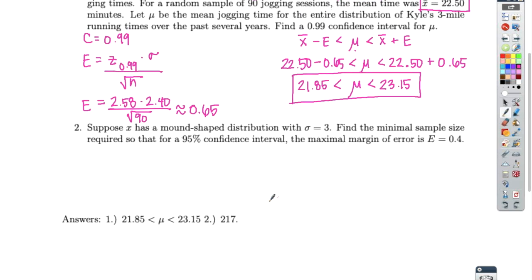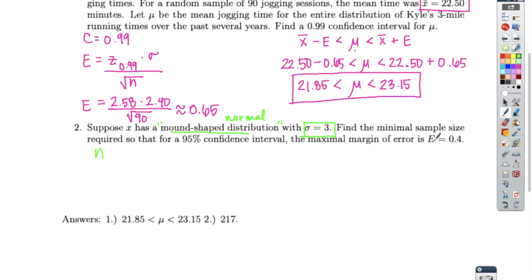Okay, one more. Suppose X has a mound-shaped distribution. When you read this phrase, this translates to you as normal, with sigma equals 3. Find the minimal sample size required, so find n, so that for a 95% confidence interval, the maximal margin of error is E equals 0.4.